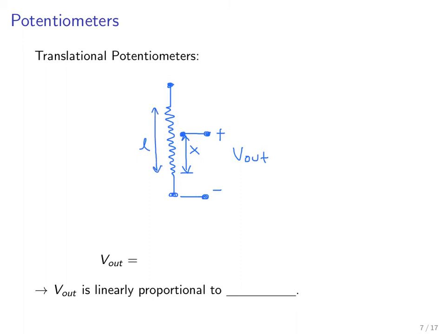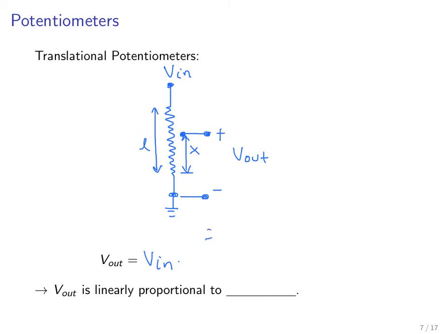So then we can write, if we have a V in here, let's say that this is ground, and this is V in, then we can write the V out has to be equal to V in times the relative resistance of the bottom leg, as we typically have for a voltage divider.